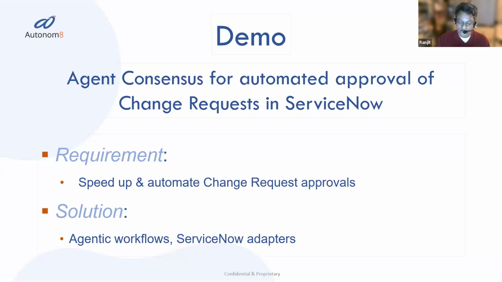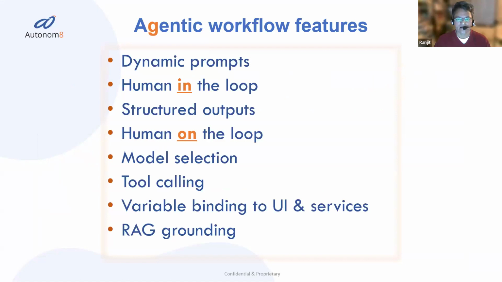What we're trying to do is use an agentic approach to improve this to minutes and hours in the best possible outcome. So the solution we have is to build adapters to ServiceNow and then incorporate them into an agentic workflow. Hopefully the scope of the demo is clear.